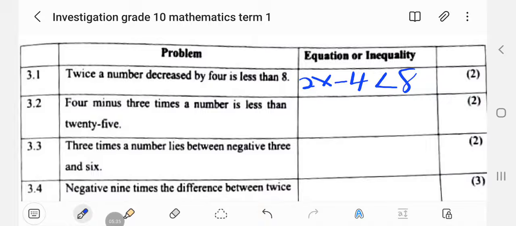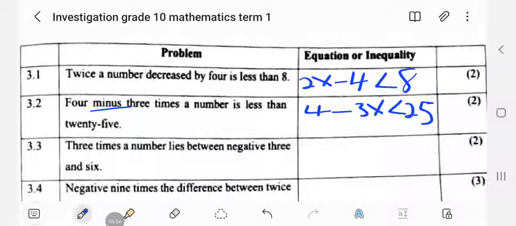3.2. 4 minus 3 times a number. 3 times means 3 multiplied by. 3 times a number is less than 25.